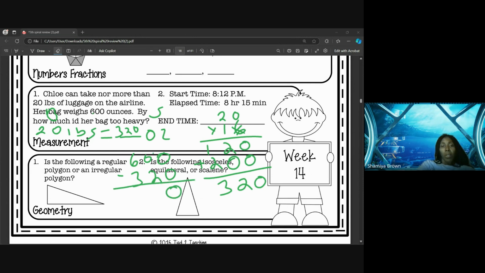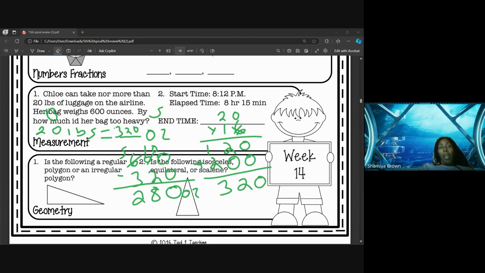0, borrow 5, that'll be 10. 10 minus 2 is 8. 5 minus 3 is 2. So it's too heavy by 280 ounces. So that's what you need to do. First, you need to convert pounds to ounces to see how many ounces her luggage was supposed to be for the plane, and it's supposed to be 320 ounces.